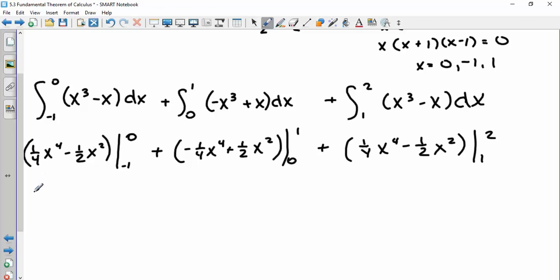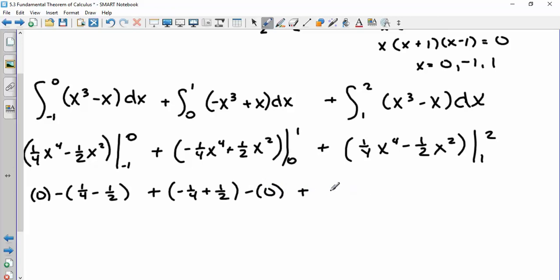So if I plug in a 0, we get 0 minus, if you put in negative 1, you get 1/4 minus 1/2. Put in a 1 for the next one, negative 1/4 plus 1/2 minus, put in 0, you get 0.